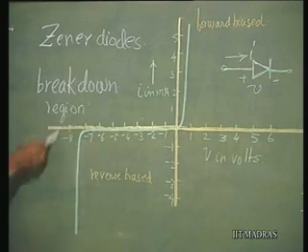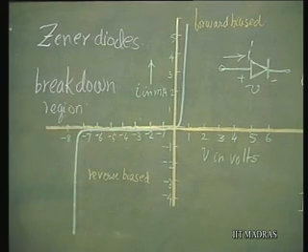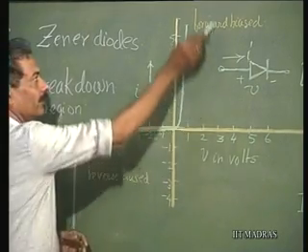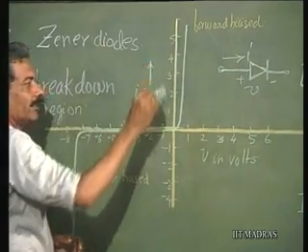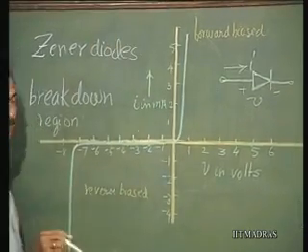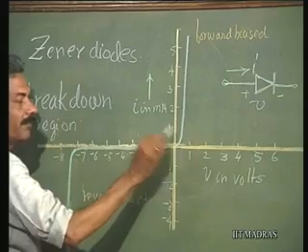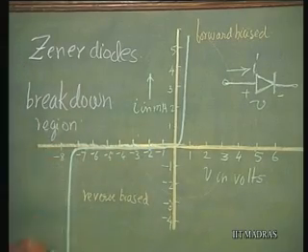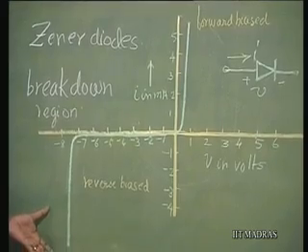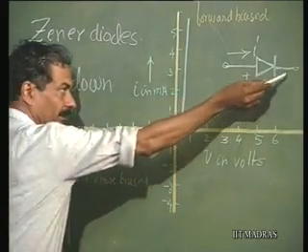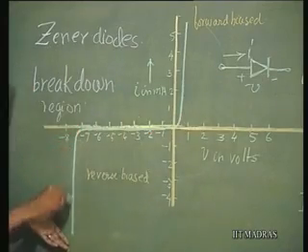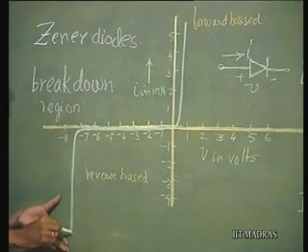So, basically speaking, we can work the diode in this region where it is forward biased to carry any amount of current after the cut-in voltage of 0.5, or in this region where again current is possible in the reverse direction. The current flow is permitted in that direction after the breakdown occurs, and the current is ideally unlimited.